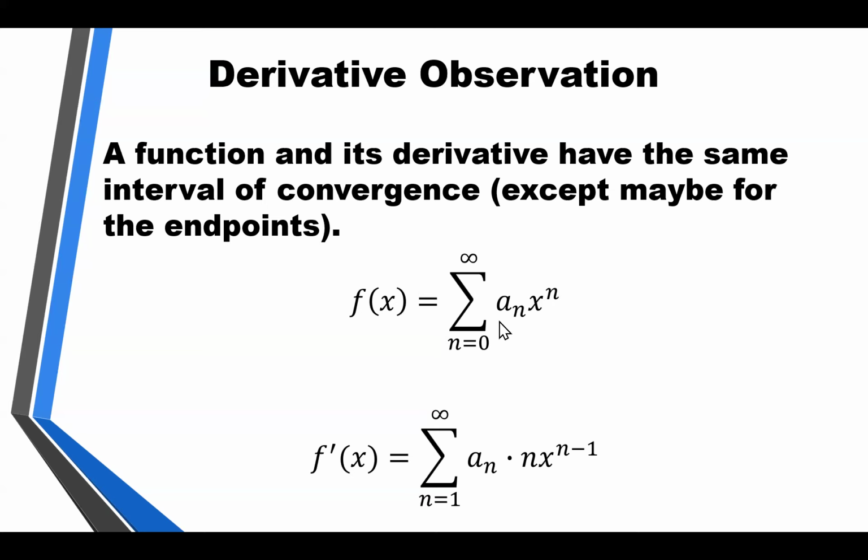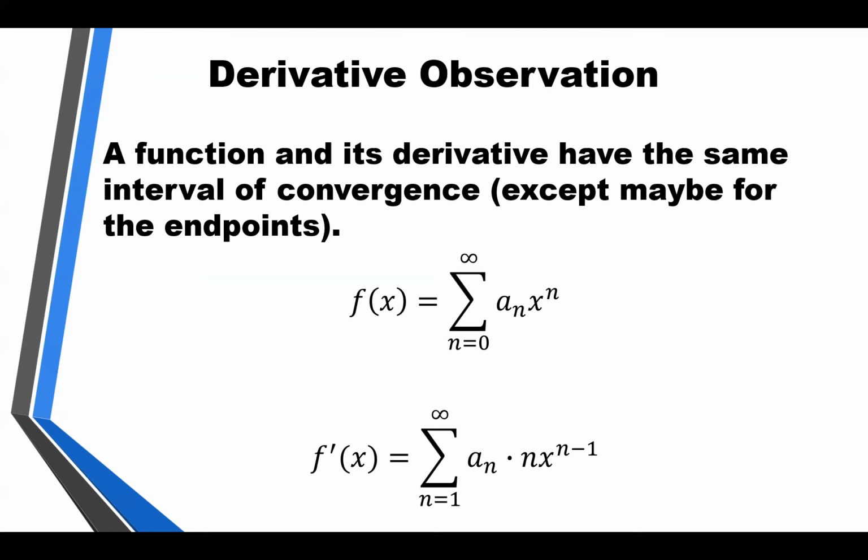So the terms of the power series and the terms of the derivative of the power series are going to be dominated by the same growth. And therefore, those two power series are going to have the same interval of convergence.